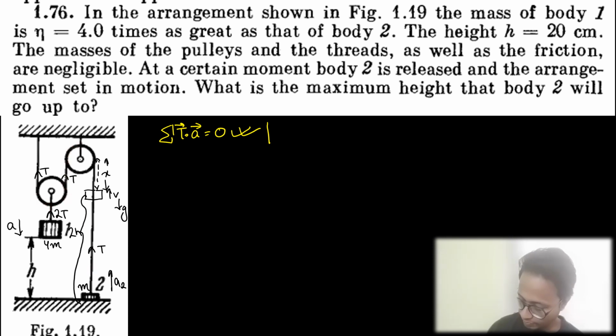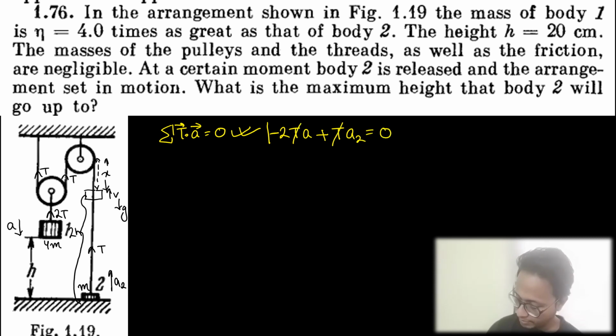So out here, for the block of mass 4m, can I say 2t into a minus 2t? Why? Because acceleration and tension force are in opposite directions. Is equal to plus t into a2 is equal to 0.